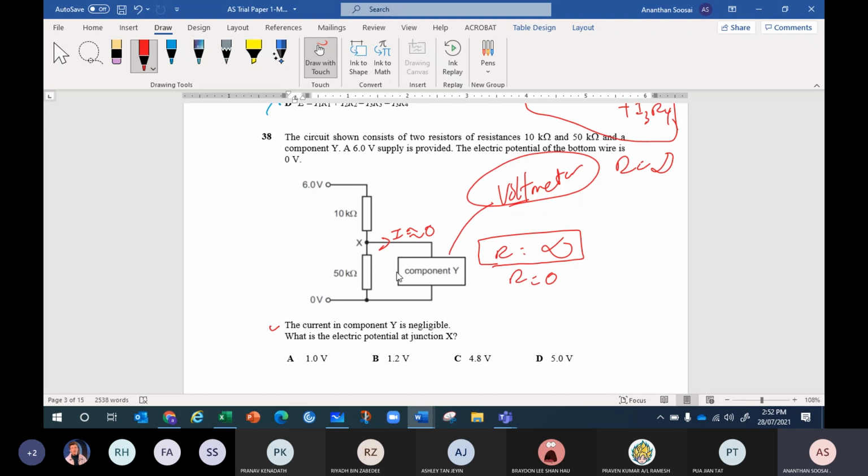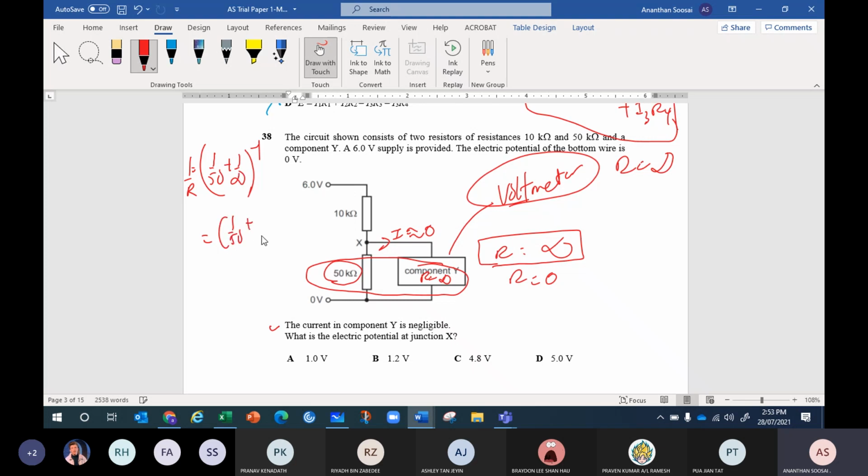See, this is 50 kilo ohm. This we know has infinite resistance. So 50 kilo ohm and infinite resistance in parallel, effective resistance how much? 1 over 50 plus 1 over infinite, then reciprocal, you get the effective resistance. 1 over infinite is 0, right?